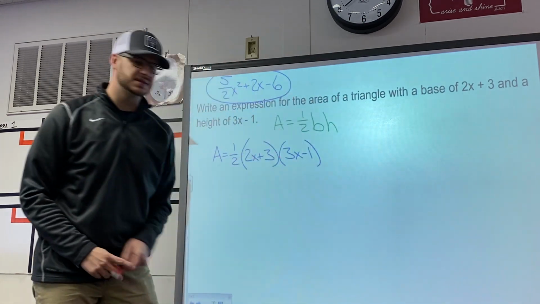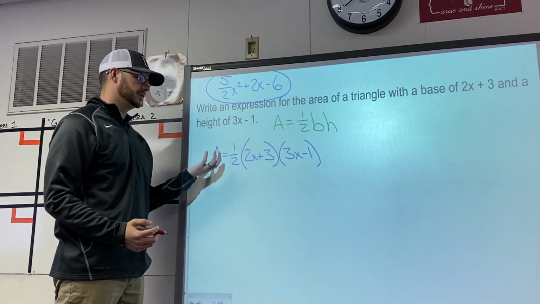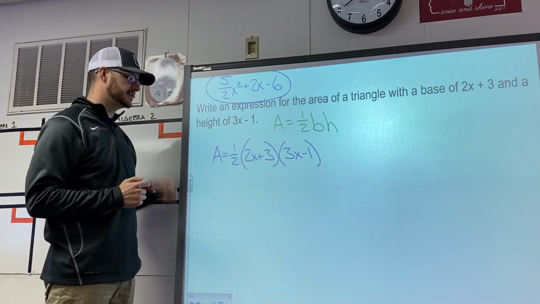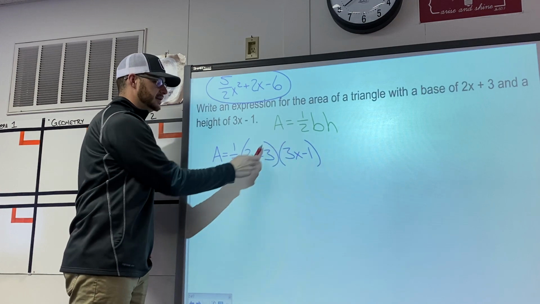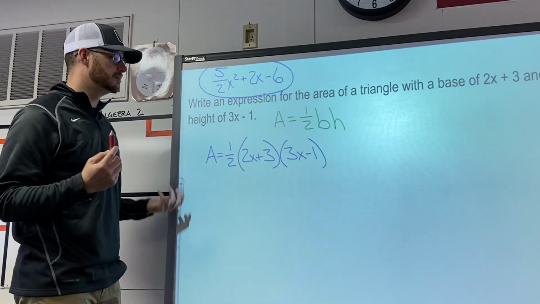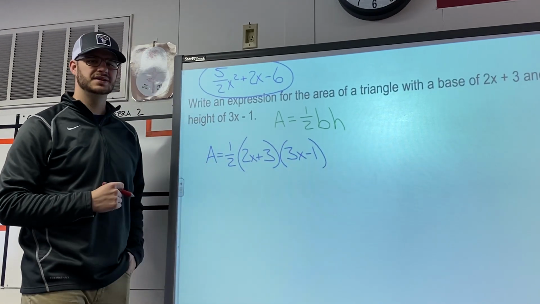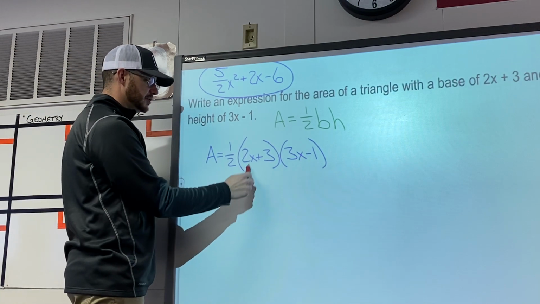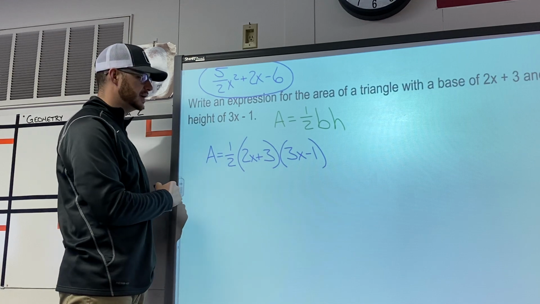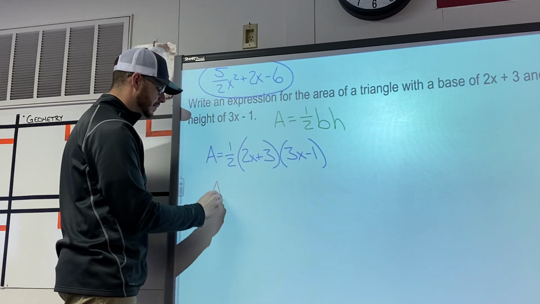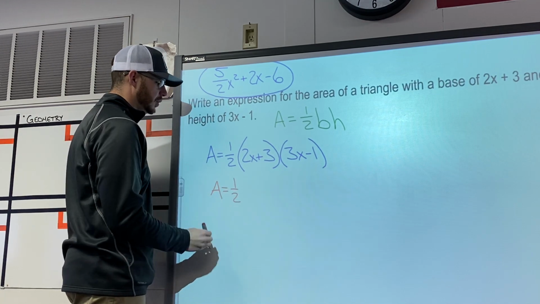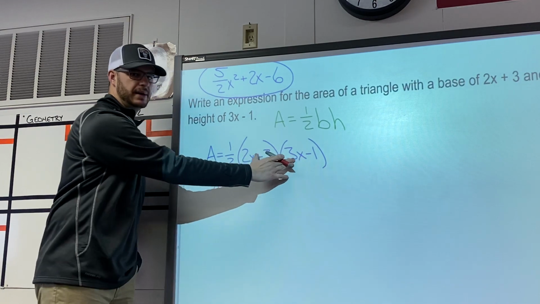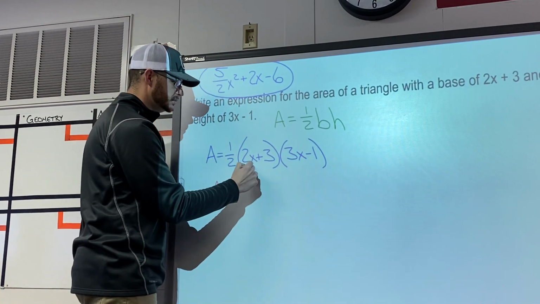Now, when we're doing these, the order doesn't really matter. Going back to our properties of numbers, we're multiplying all three of these together. So when you multiply, the order that you multiply in does not matter. So we could distribute 1/2 into the 2x plus 3. I'm going to start by leaving the 1/2, and I'm going to FOIL my binomials together.